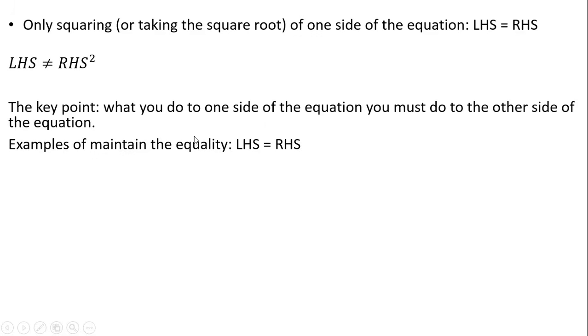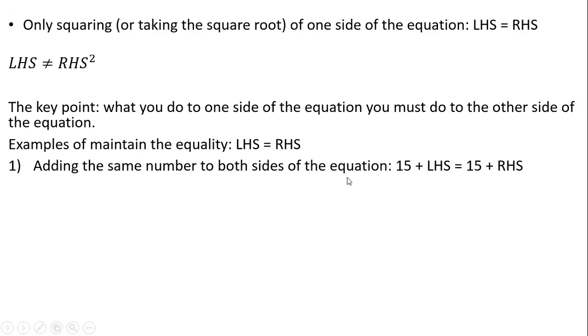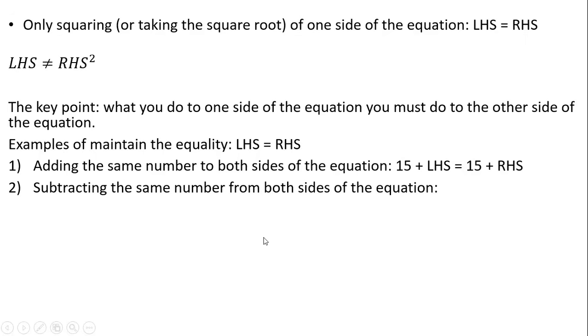The key point is what you do to one side of the equation, you must do to the other side of the equation in order to maintain the equality. So let's look at some examples of maintaining the equality. Adding the same number to both sides of the equation, like in this case 15 to the left-hand side and 15 to the right-hand side, will maintain the equality.